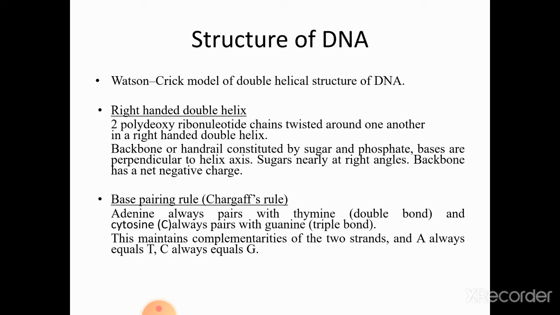A double bond T and C triple bond G. So this is helping in maintaining the complementarity of the two strands. A is complementary to T and C is complementary to G. This maintains complementarity of these two strands, and A always equals T and C always equals G.